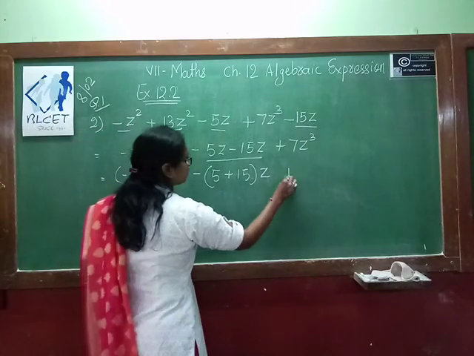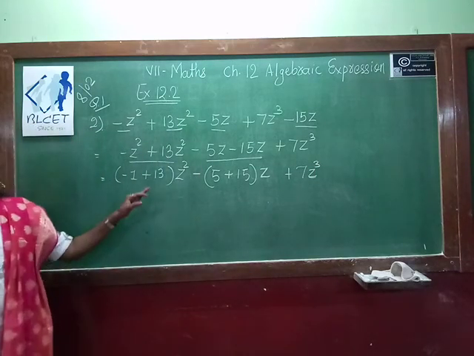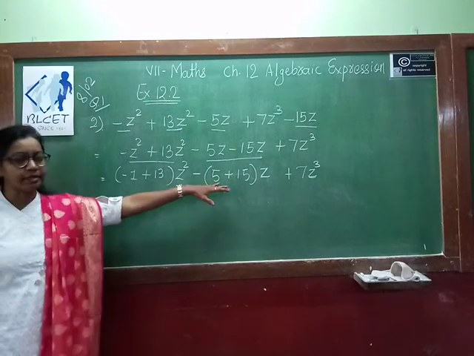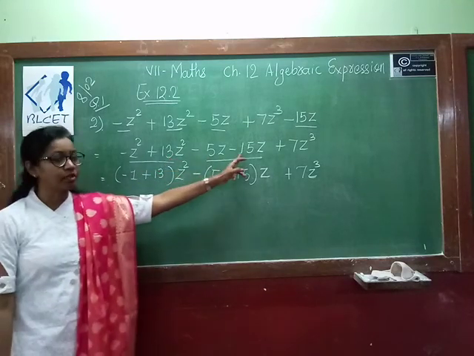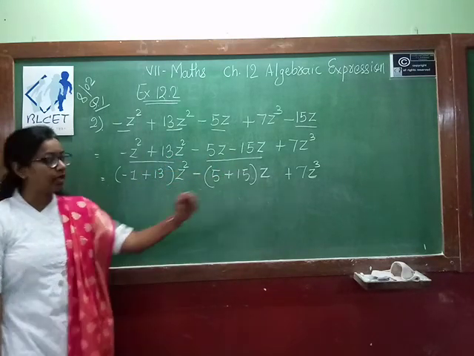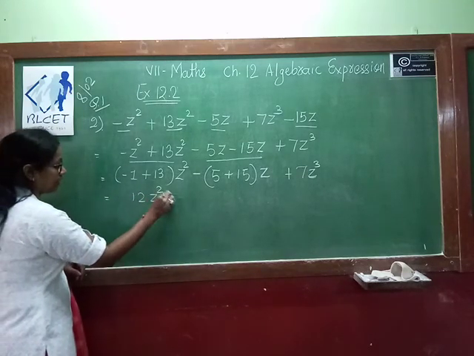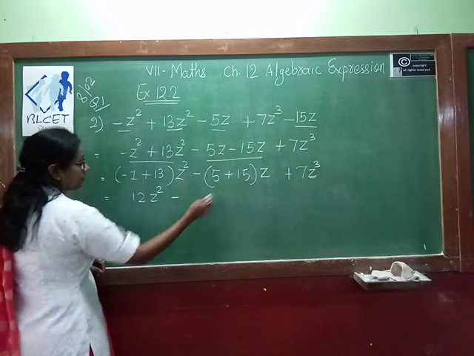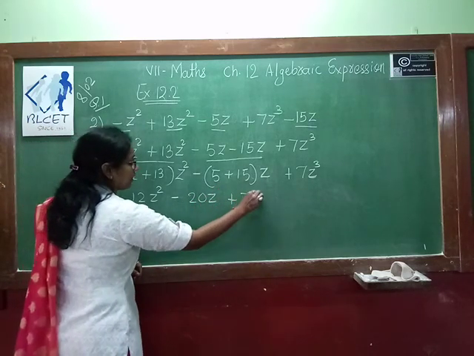Plus 7z cube. Once you understand the concept, no need to do these steps. Directly you can do the addition or subtraction of these terms and write the answer. So 13 minus 1 is 12z square, minus 15 plus 5, that is 20z, plus 7z cube.